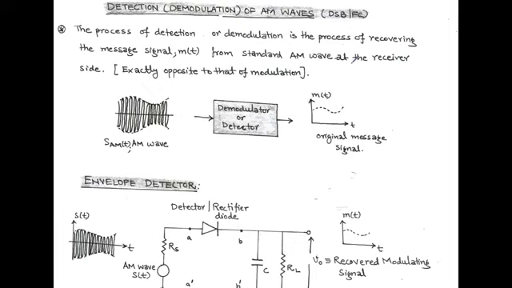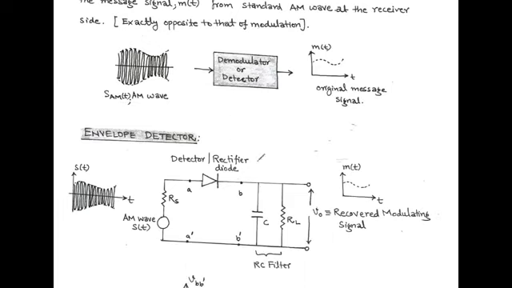the receiver side. In time domain, the standard AM is in the form of an envelope. So the detector or demodulator at the receiver side is called an envelope detector. In the envelope detector, we again use a diode, but in this case we call it a rectifier diode. The input of this detector is standard AM in the form of an envelope.